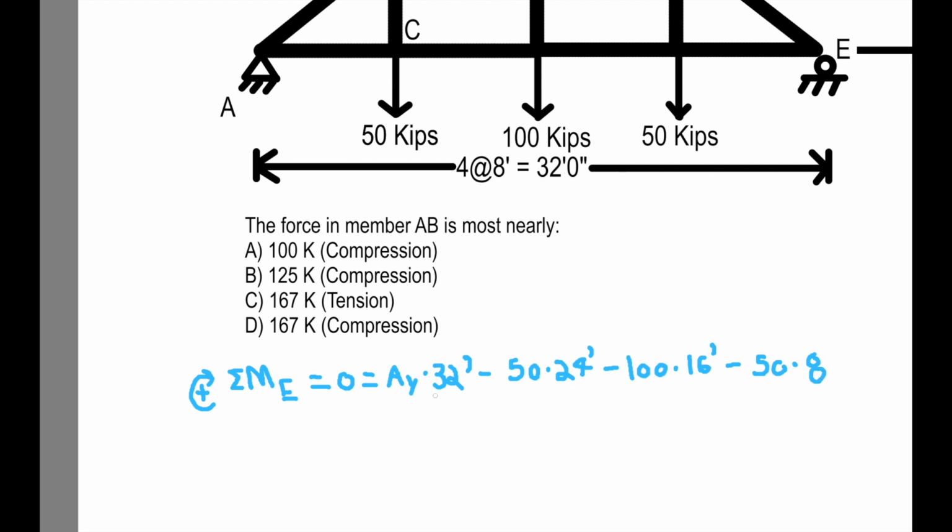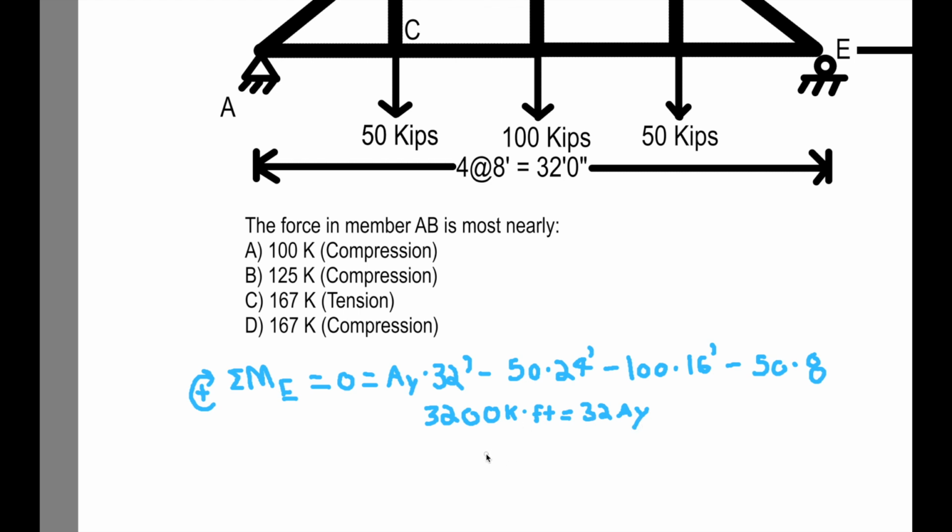All right, so we plug all that into our calculator, and we get 3,200 kip feet is equal to 32 AY.